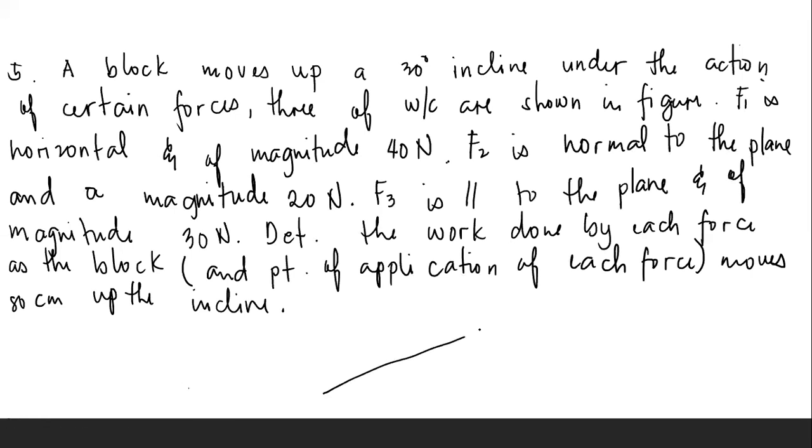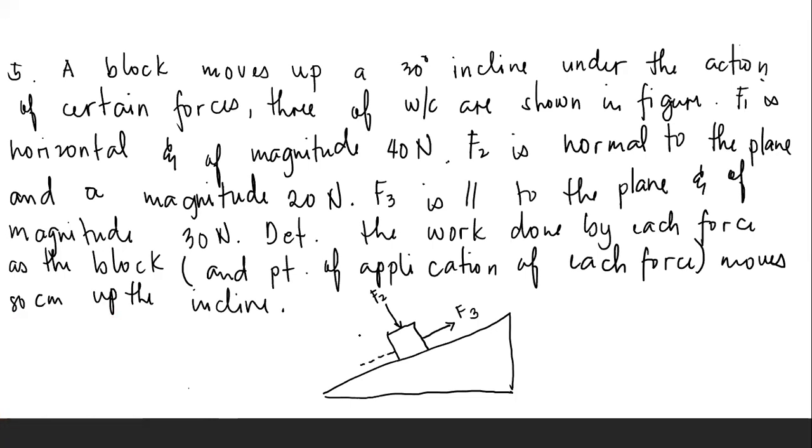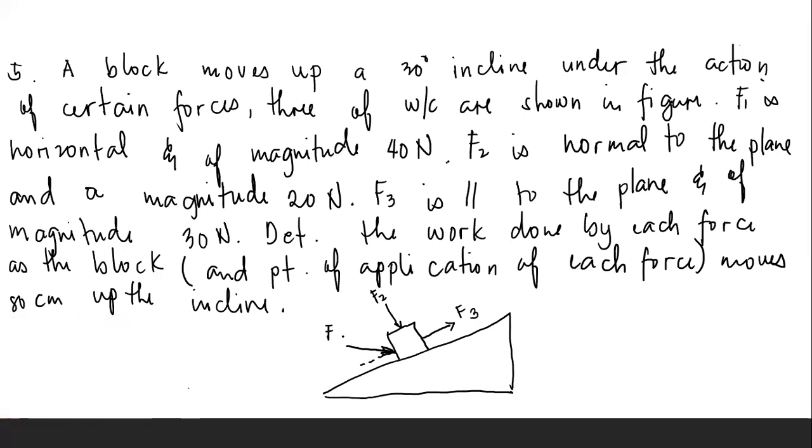A given figure in black. You have your F2, F3, and F1, and this is 30 degrees.